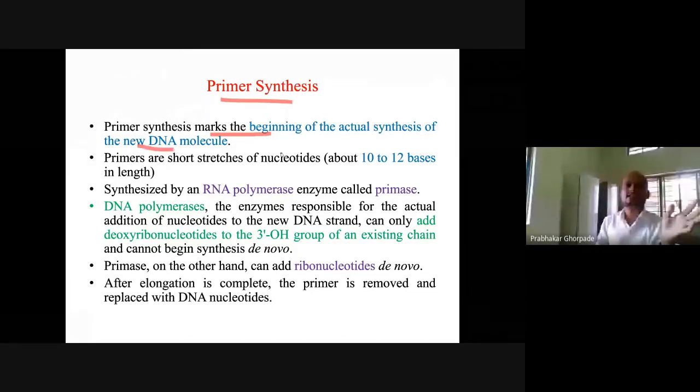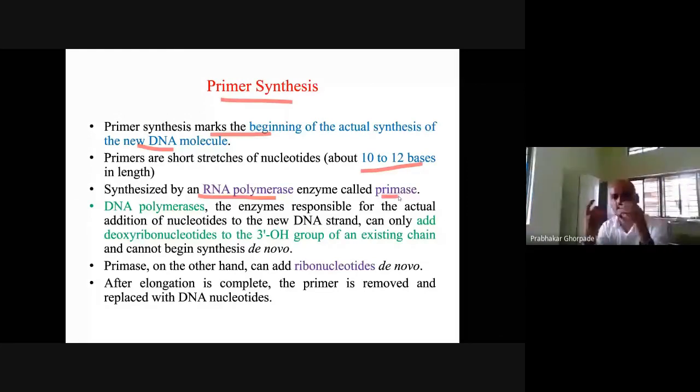So what happens is that this primer will come and bind the separated DNA molecule. That primer is usually 10 to 12 bases, and it is an RNA primer. So primase is basically an RNA polymerase enzyme, which makes small primers on this separated single-stranded DNA, and it will synthesize RNA on this one, and this RNA will help in adding the DNA deoxyribonucleotides on this molecule, right?